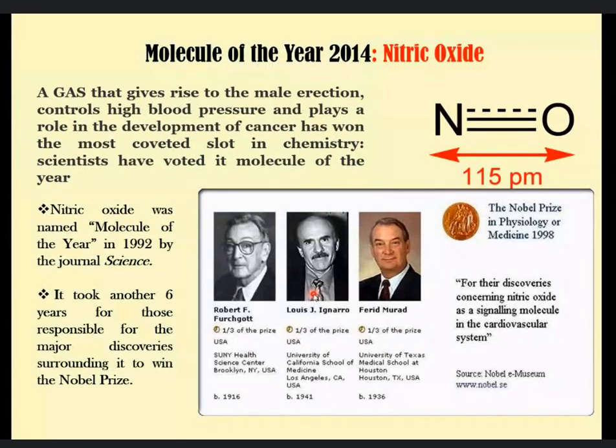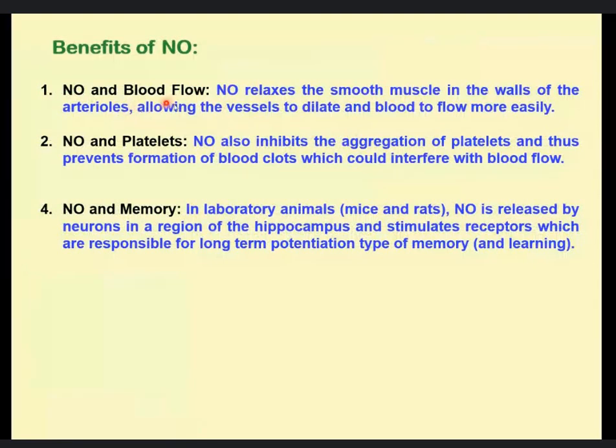And this nasal vaccine contains this molecule, nitric oxide. Nitric oxide has properties like this: it controls blood flow, platelets and memory. There are lots of benefits and properties, so people are using this nitric oxide to develop the nasal vaccine. That's why I'm taking this particular slide.